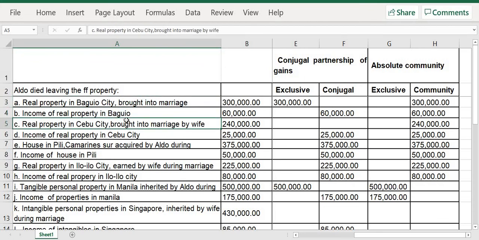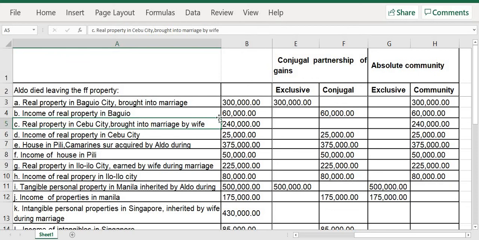Letter C, real property in Cebu City brought into marriage by wife. So, si wife daw, merong properties worth 240,000 brought into marriage, or property niya prior to their marriage with Aldo.